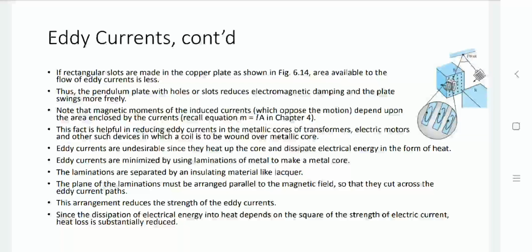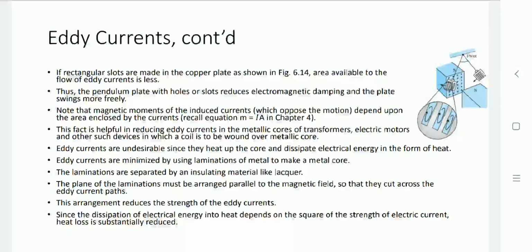This fact is helpful in reducing the eddy currents in the metallic cores of transformers, electric motors and other devices in which a coil is to be wound over a metallic core.